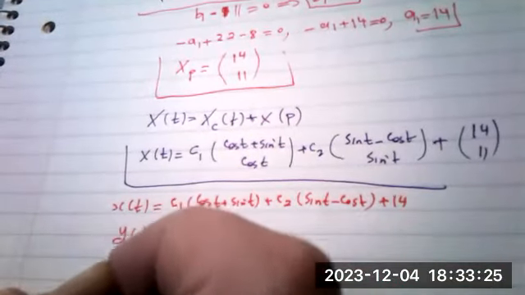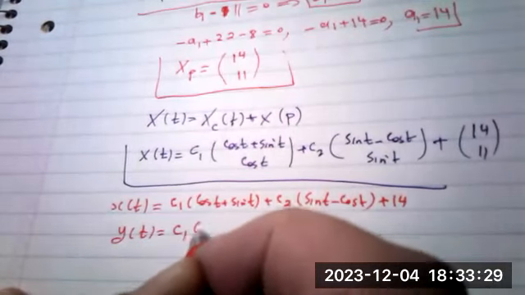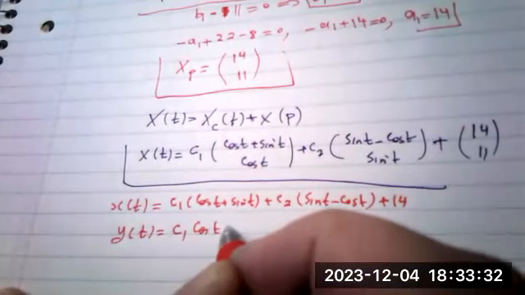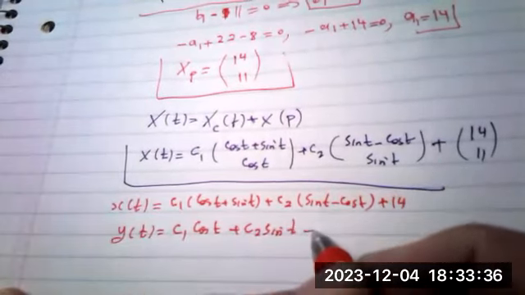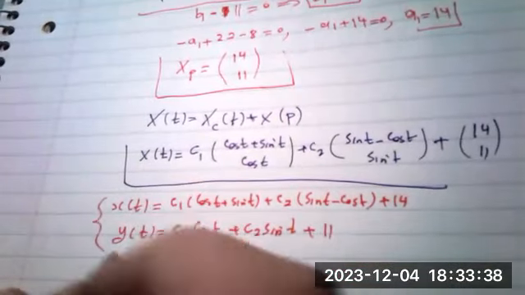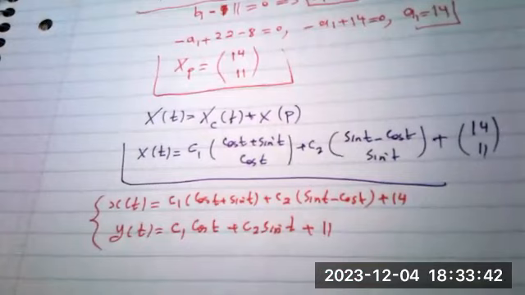And your y of t, similarly, is going to be c1 cosine of t plus c2 sine of t plus 11. If there is an initial condition, something like that, it's in matrix form and you answer in matrix form, we accept it right away.